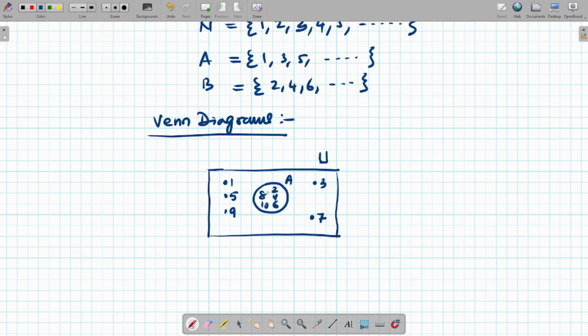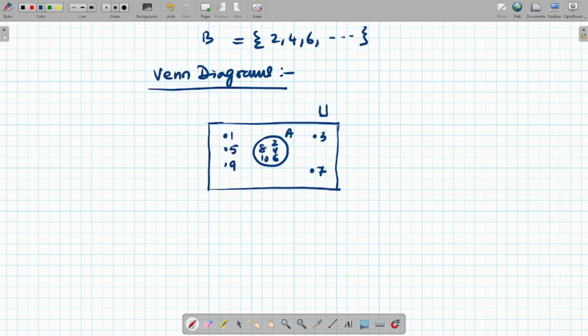These are not part of, say, subset A. So here a Venn diagram is a way to represent the subsets within the ambit of universal sets.